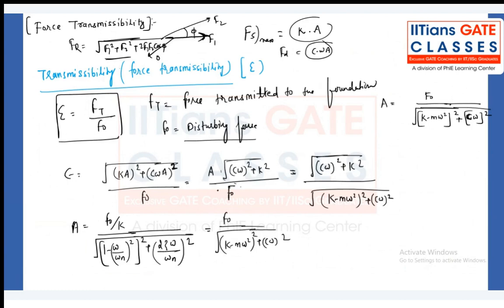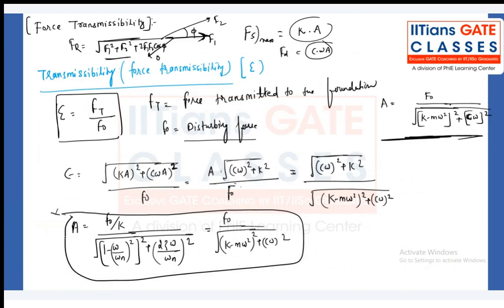So if you take A common, then A divided by F naught, you already know this particular formula. Don't write this value, not required. We can also write transmissibility formulas in the form of C omega, K, M, which is the one formula we have written.